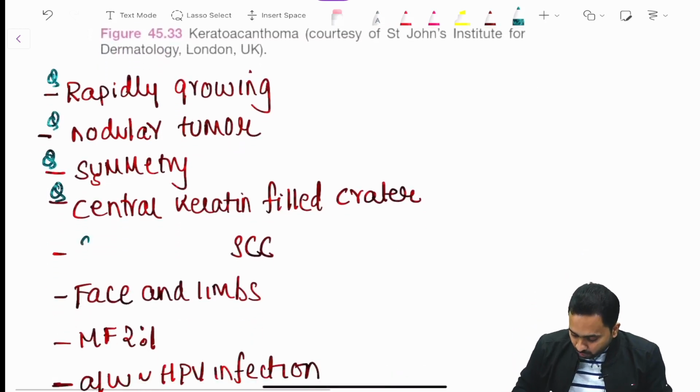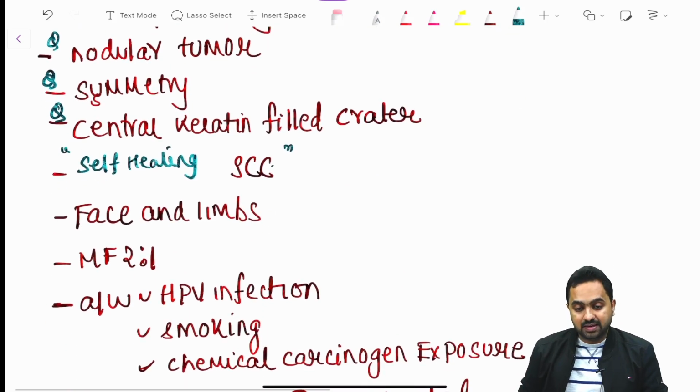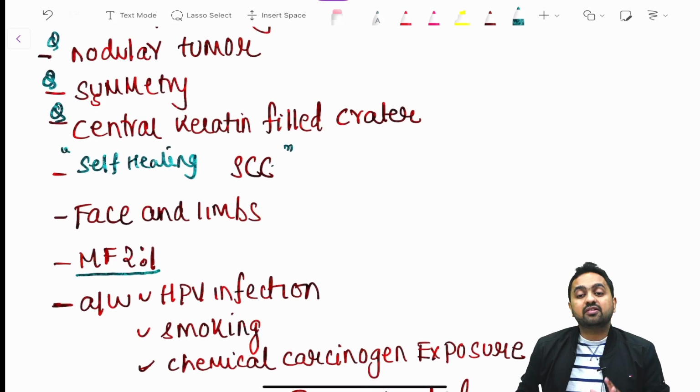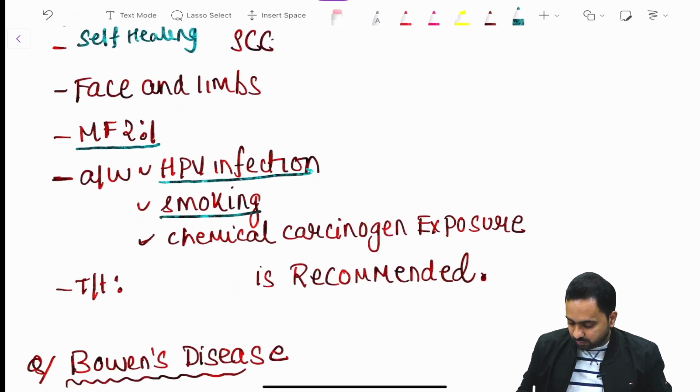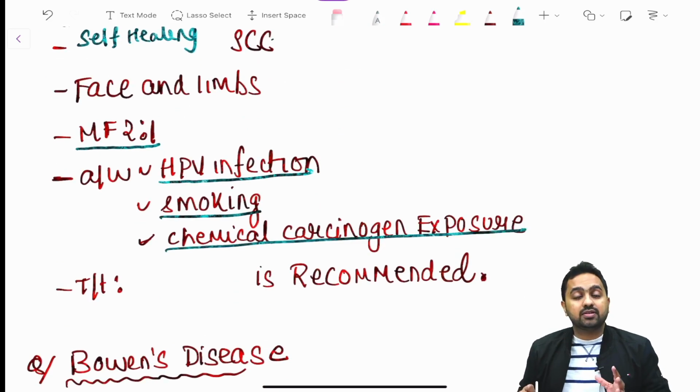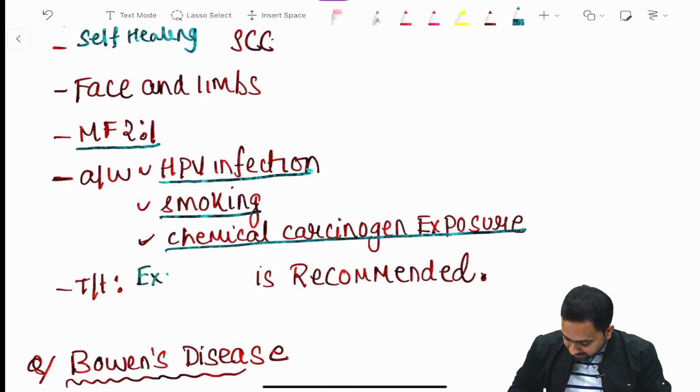Then they are also referred to as your self-healing squamous cell carcinoma. They occur at the face and limb. Male to female ratio stands at 2:1, and they are also associated with your HPV infection, smoking, and chemical carcinogen exposure. Your treatment includes your excision.